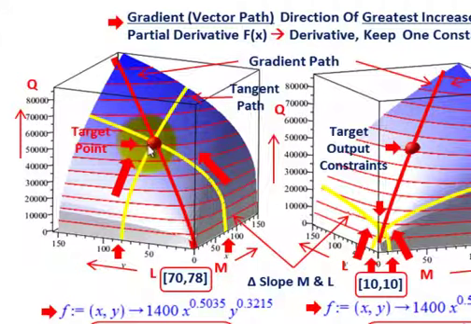And based on that target point, I would have come up with the material input here, I think at 70 units, and labor input here at 78 units. So I've got the material shown here and the labor shown here. Based on those inputs, material and labor, they move up along what they call the tangent path, or the marginal product for each one of those inputs.